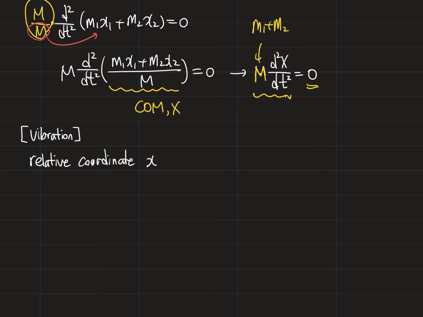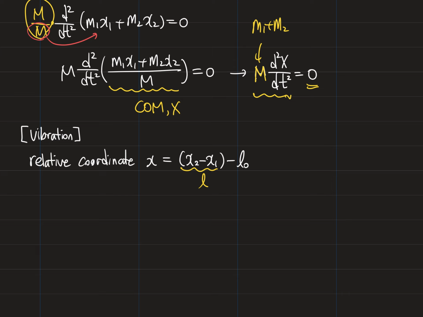So x should be defined as x2 minus x1 minus L0. So this should be the length between two atoms at an arbitrary moment. And to get an equation of motion just for x, we can manipulate our original equation.